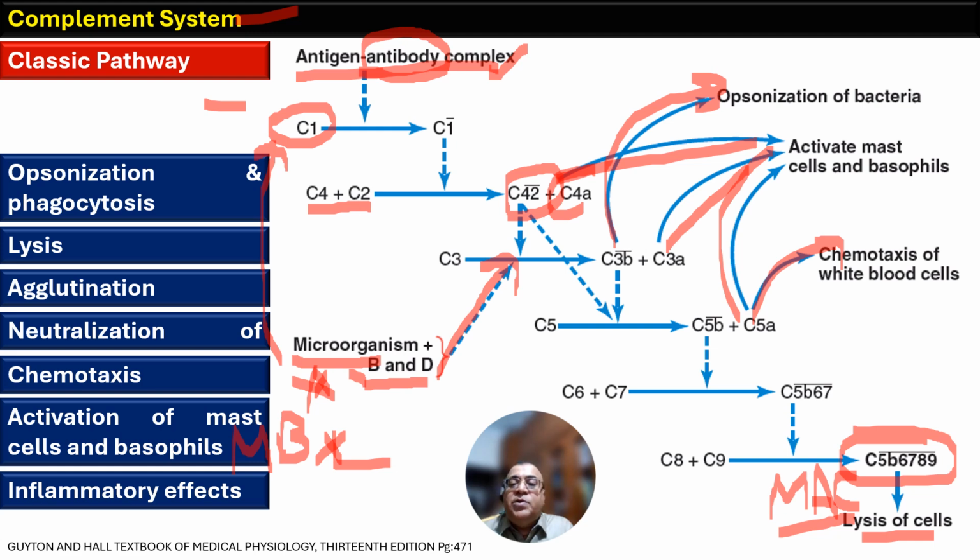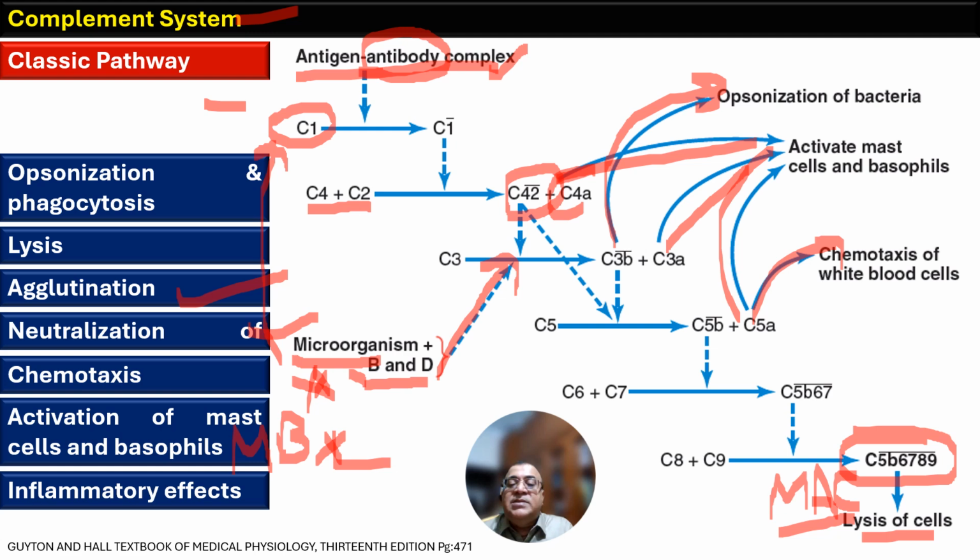These proteins alter the microbial surface so they stick together, causing their easy clearance by the immune cells. Complement can also neutralize viruses by disrupting their structure, rendering them non-infectious.